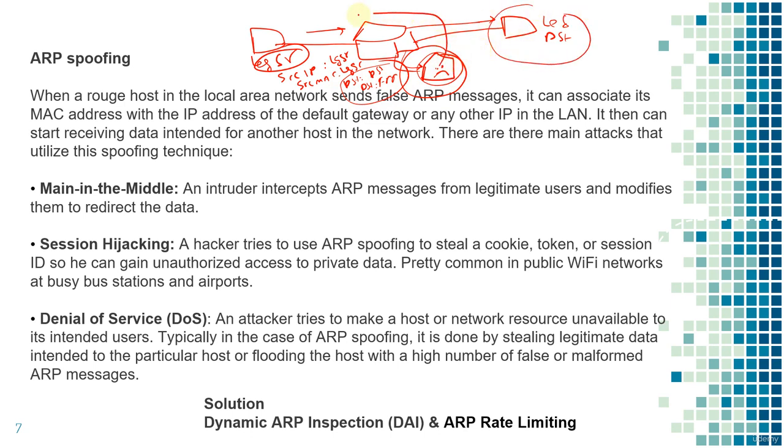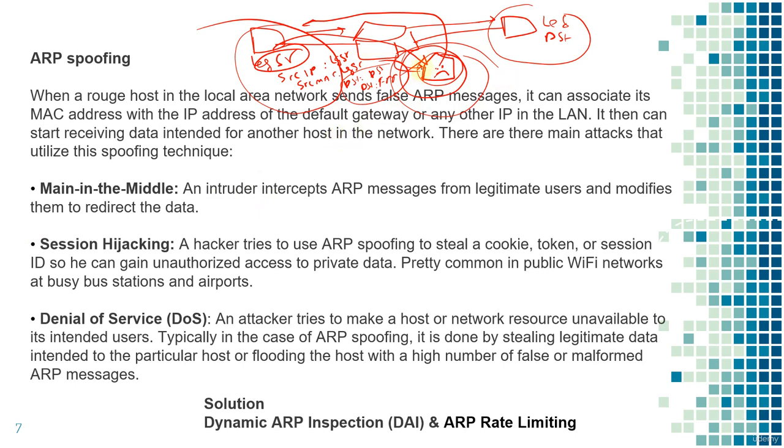It means now they both have agreed to communicate with each other. So next time any kind of packet or information is sent, it will be received by who? The attacker. So this attacker works like a man in the middle here.